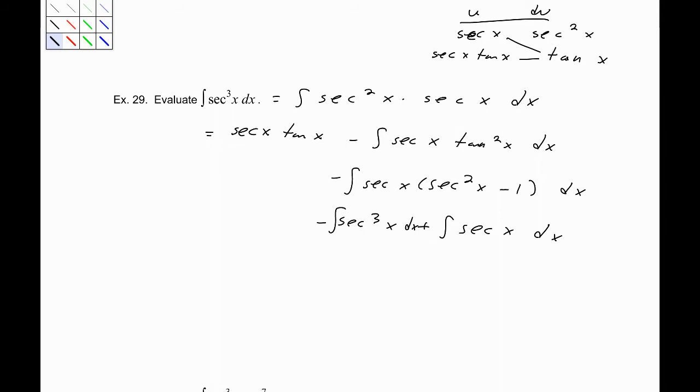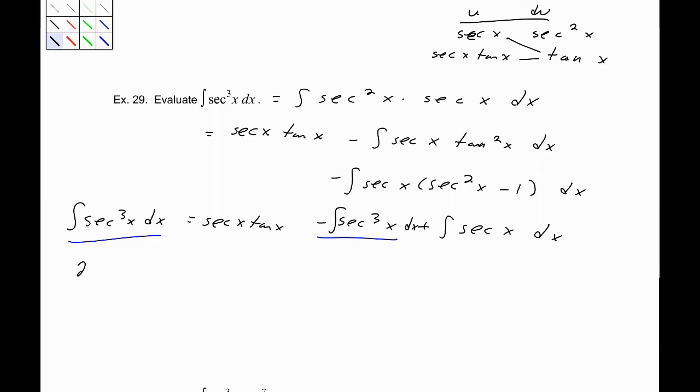Now the reasoning here is because this is cyclic, because we have the same integral on both sides. So we're going to add secant cubed x dx to both sides.